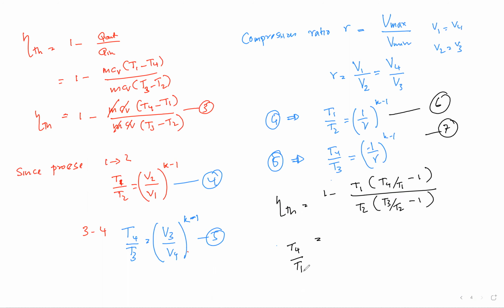Let me show you clearly on the next page. What I had was T1 over T2 equals V2 over V1 to the power K minus 1, and also T4 over T3 equals V3 over V4 to the power K minus 1.